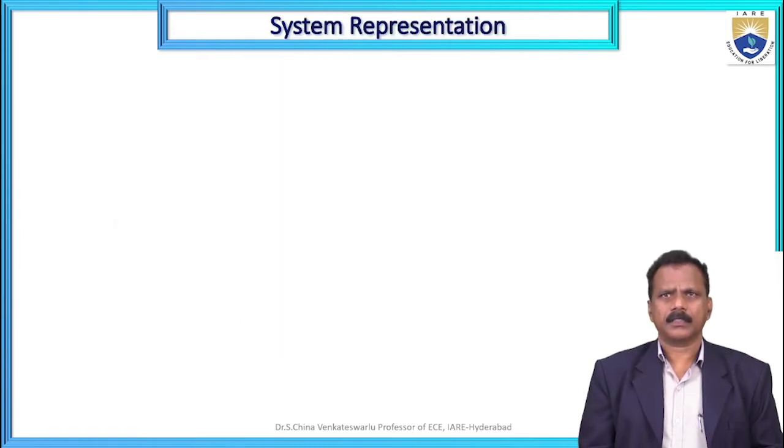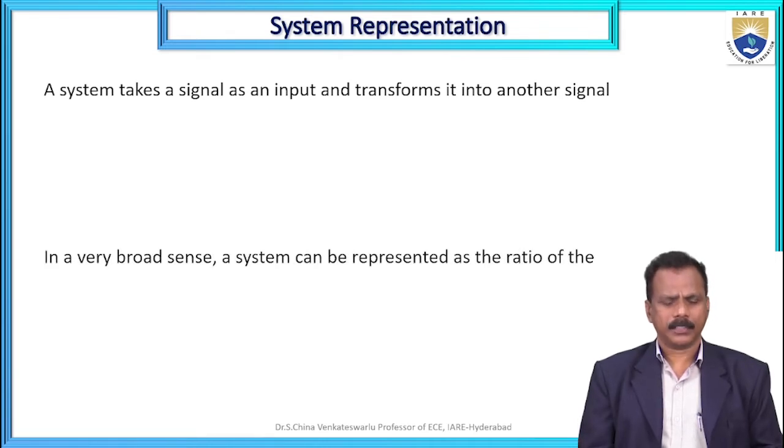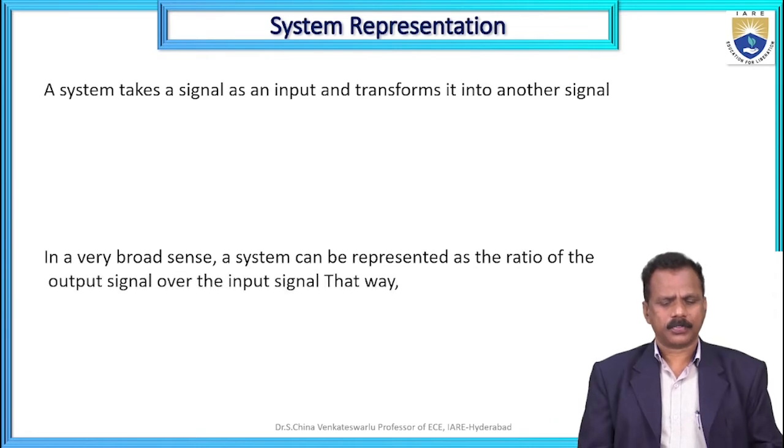Now the system representation. The system takes a signal as an input and transforms it into another signal. In a very broad sense, a system can be represented as the ratio of the output signal over the input signal.